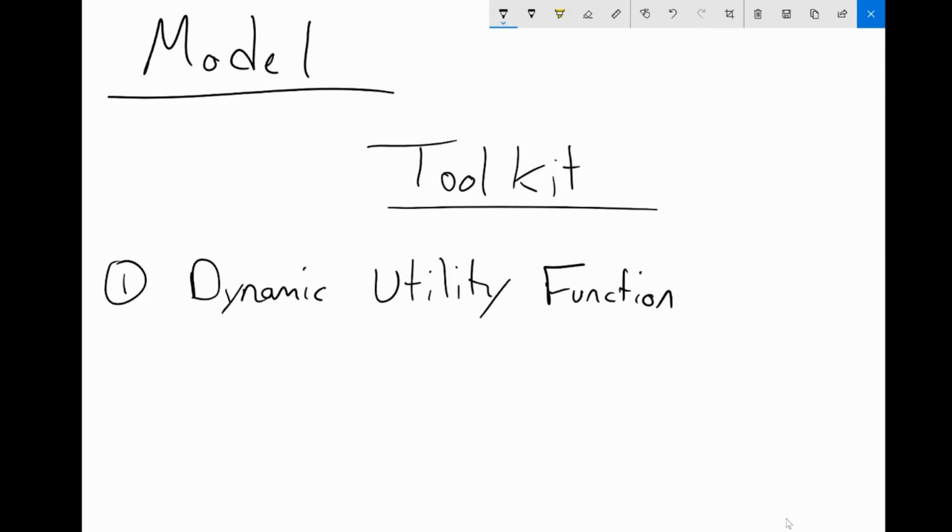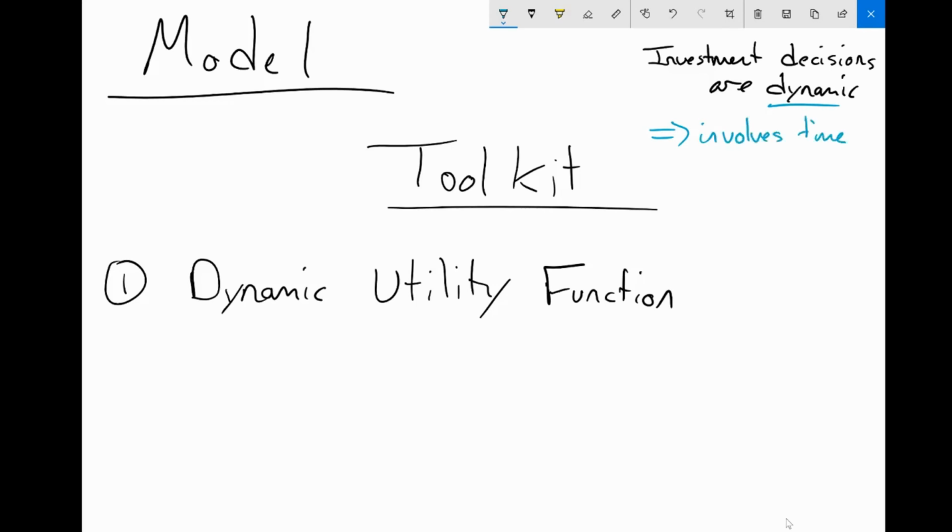Investment decisions are fundamentally dynamic. What does that mean? What do I mean when I use the word dynamic? What I mean by that is it involves time. Or things change over time.